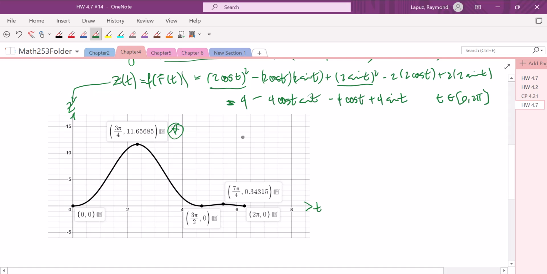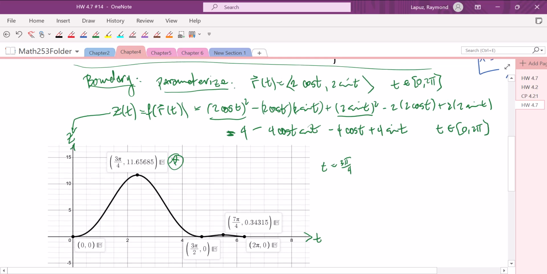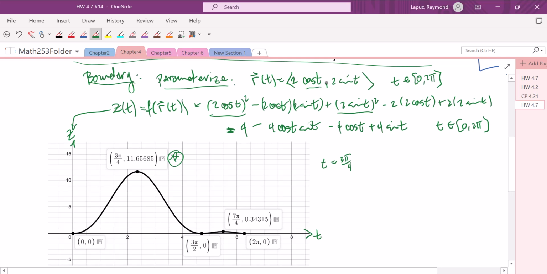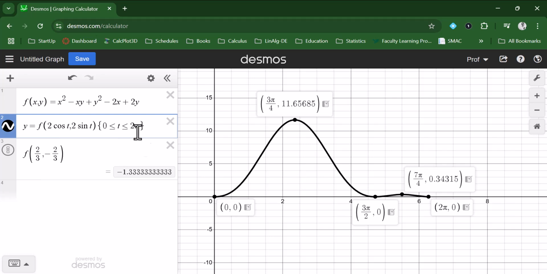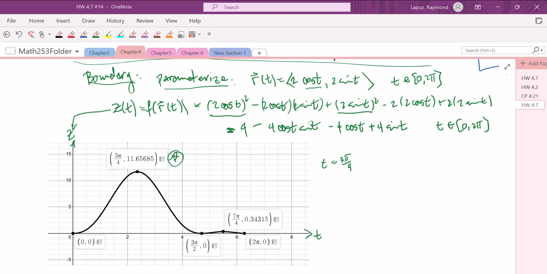So we have t is equal to 3 pi over 4. And then if we translate that to our parameterization, our cosine t and sine t, x is going to be the cosine of 3 pi over 4, which I believe is going to be, oh, there's a 2 here.